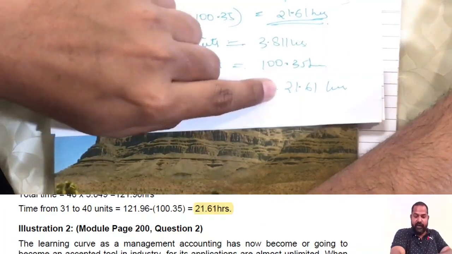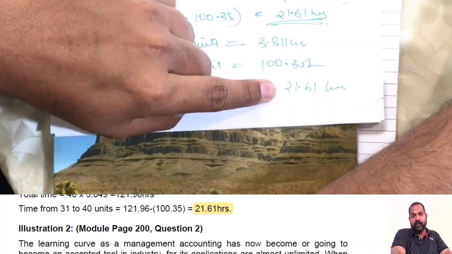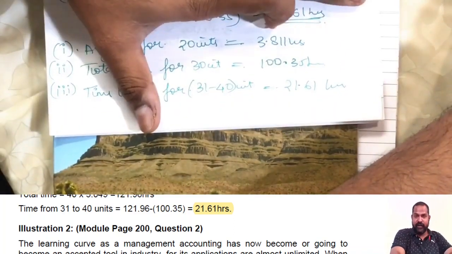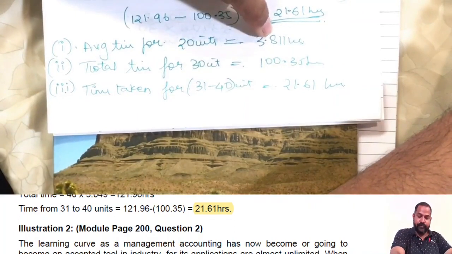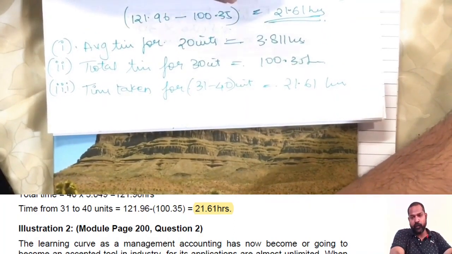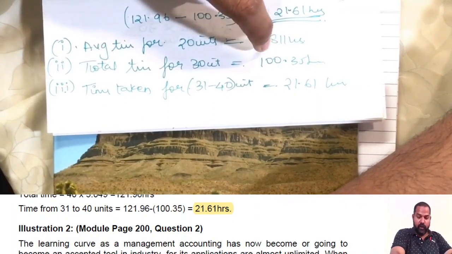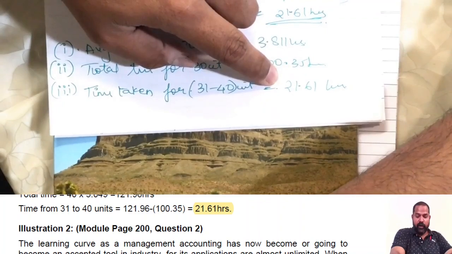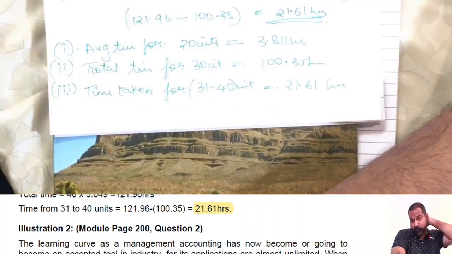Is that right? Yes, 21.61 hours. Then can I say all my three answers tally? The average time for 20 units is 3.812 they got, I got 3.811. For total time for 30 it is 100.35, and for 31 to 40 it is 21.61.